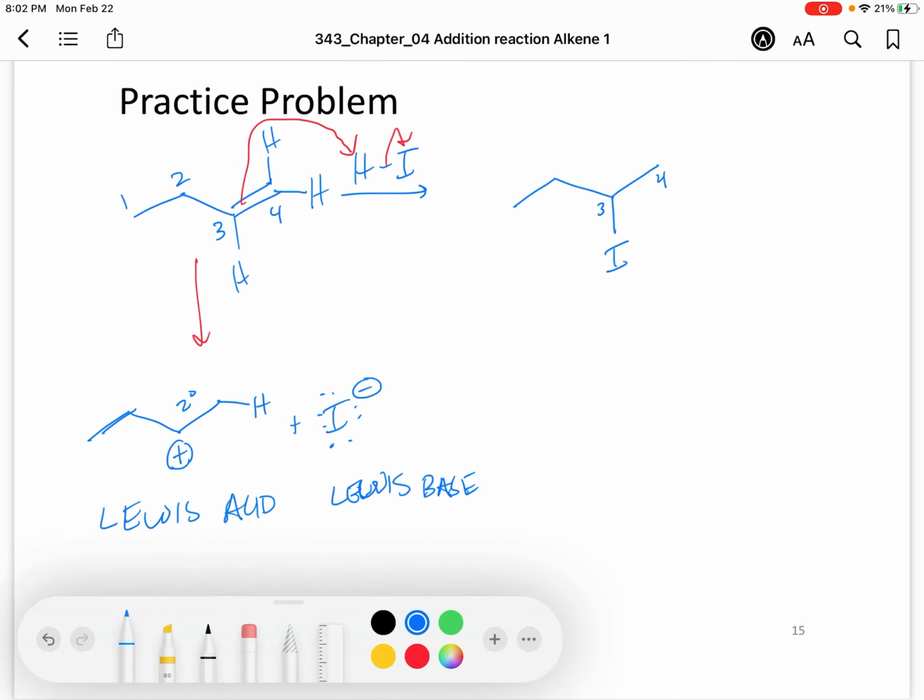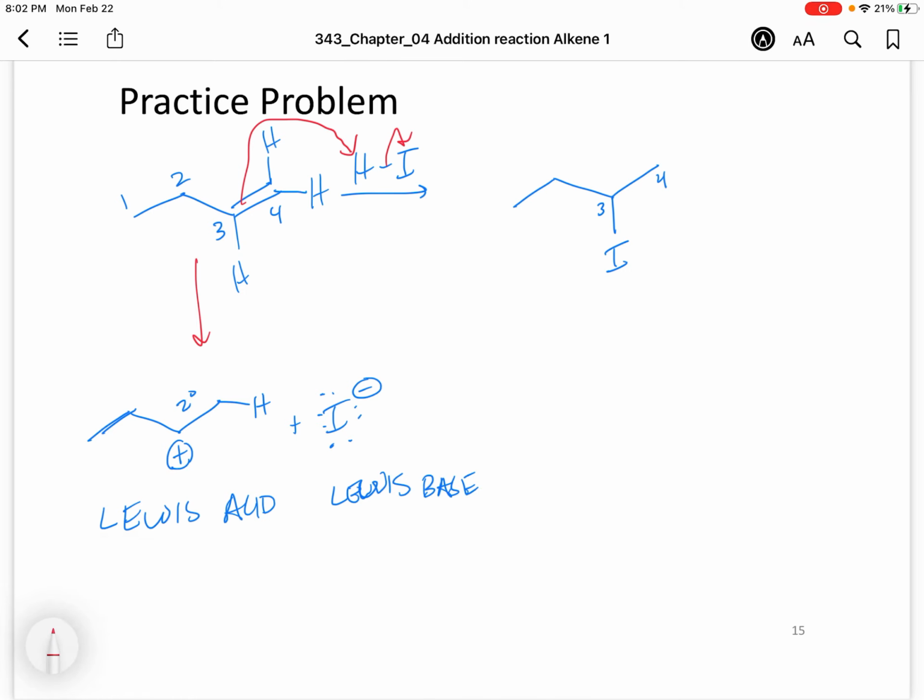See how everything we've learned is kind of adding on top of each other now. We're going to attack our Lewis acid. And that forms our product. So this is step 2, okay? And in step 1, we simply protonated our alkene. So there you have it. That's how you do it.